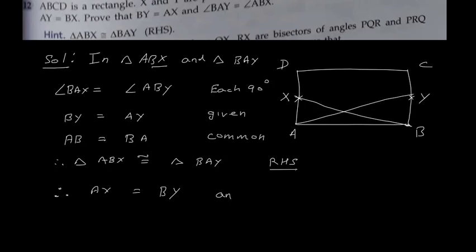AX equal to BY and angle BAY is equal to angle ABX. You will say that they are corresponding parts of congruent triangles.